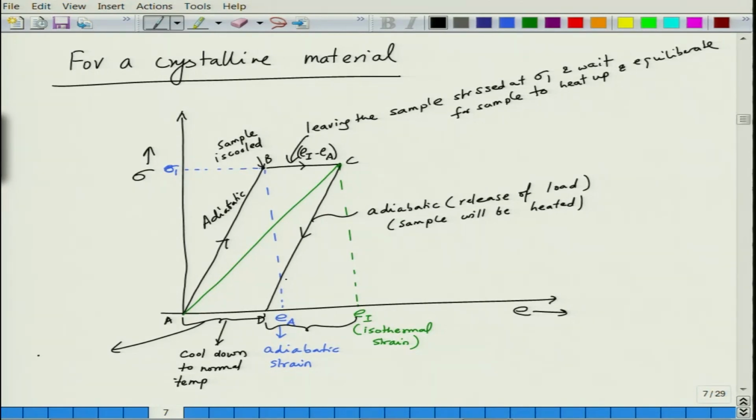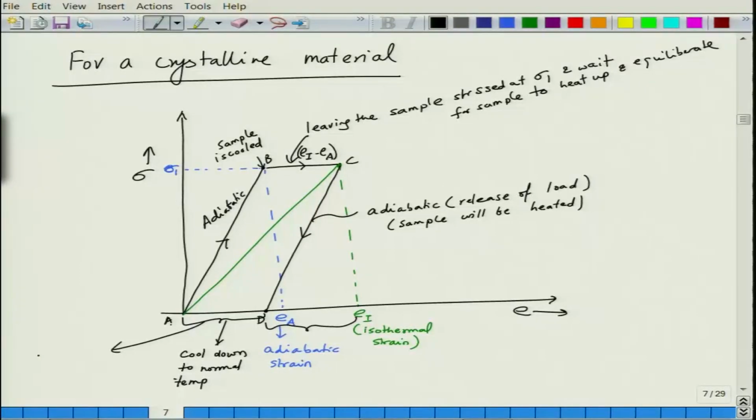This is adiabatic contraction, and this will lead to heating of the sample. So, the sample would have been heated by the time you come to point D, and then you leave the sample from D to A to come in thermal equilibrium with the surroundings, and you will decrease the strain from D to A by thermal contraction of the sample.